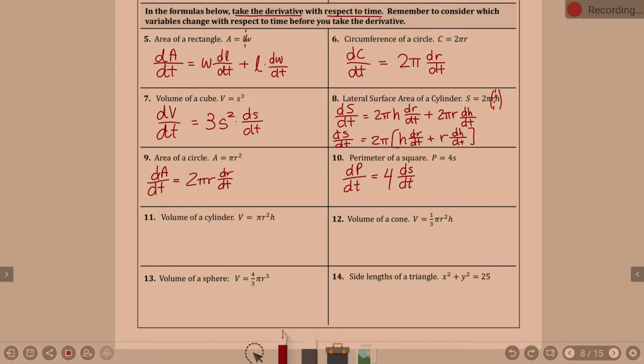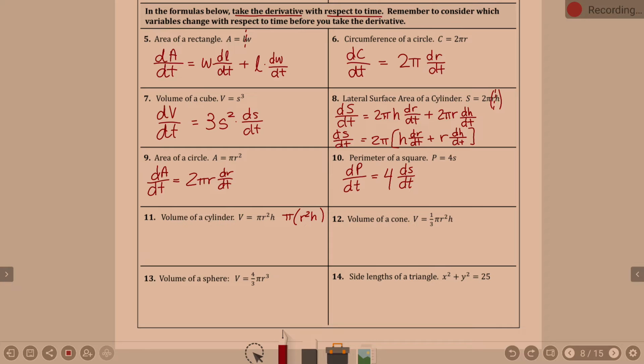Volume of a cylinder. Now let's take the pi out, kind of like this one up here. We could take the pi and put it out front and put the whole rest of the thing in parentheses. So we're thinking of this as pi times r squared h.